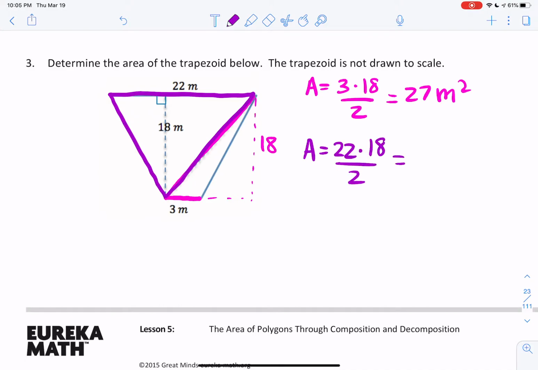So that would end up being, let me see, 22 times, I need a calculator for this one. 22 times 18 divided by 2, and I get an answer of 198 meters squared. Now, if I want to find the area of them put together, I'm going to do a simple addition problem. 198 plus 27, and the answer is 225 meters squared.